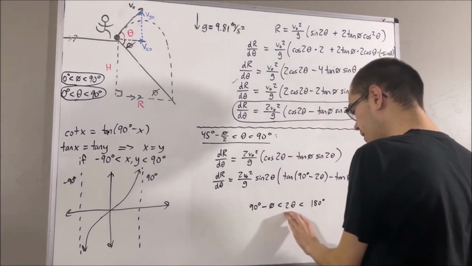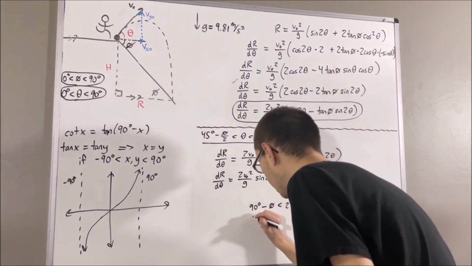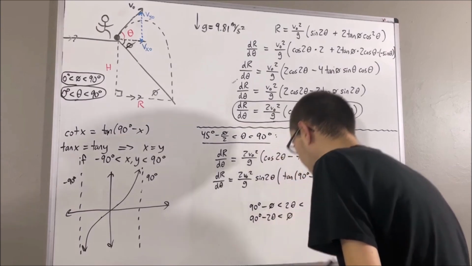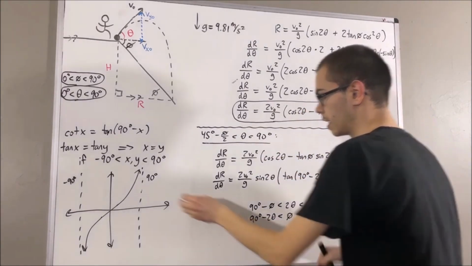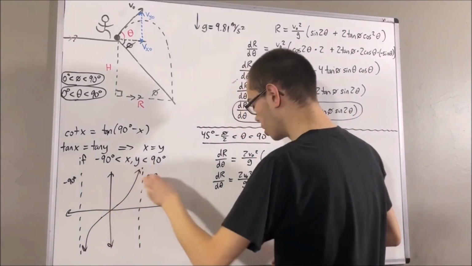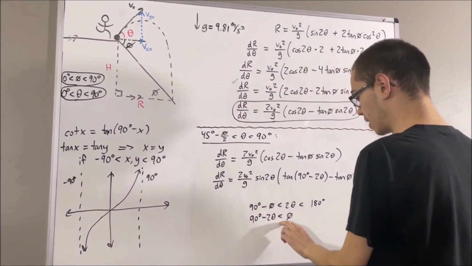So if we focus on this inequality, we'll add phi to one side and subtract 2 theta from the other side. So we get 90 degrees minus 2 theta is less than phi. Remember, both of these angles lie in this interval, and tangent is increasing on this interval. So this implies tangent of 90 degrees minus 2 theta is less than tangent of phi.